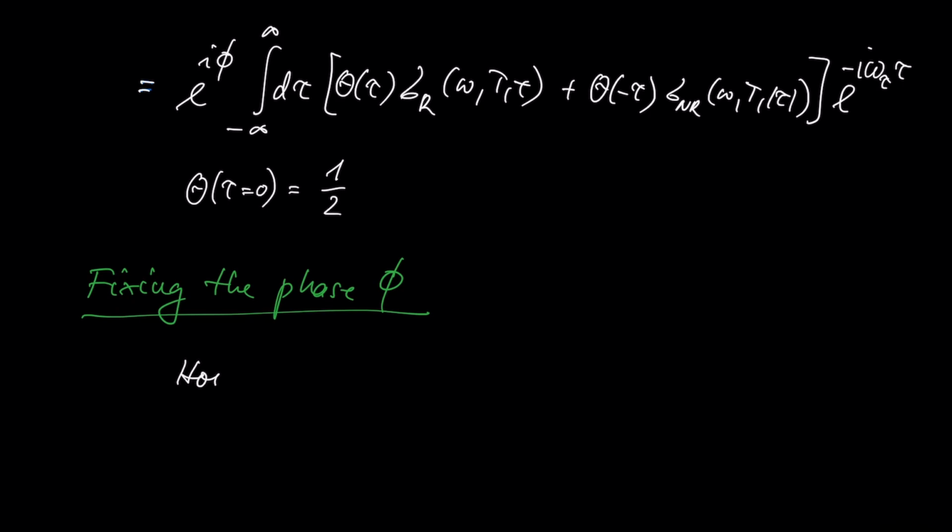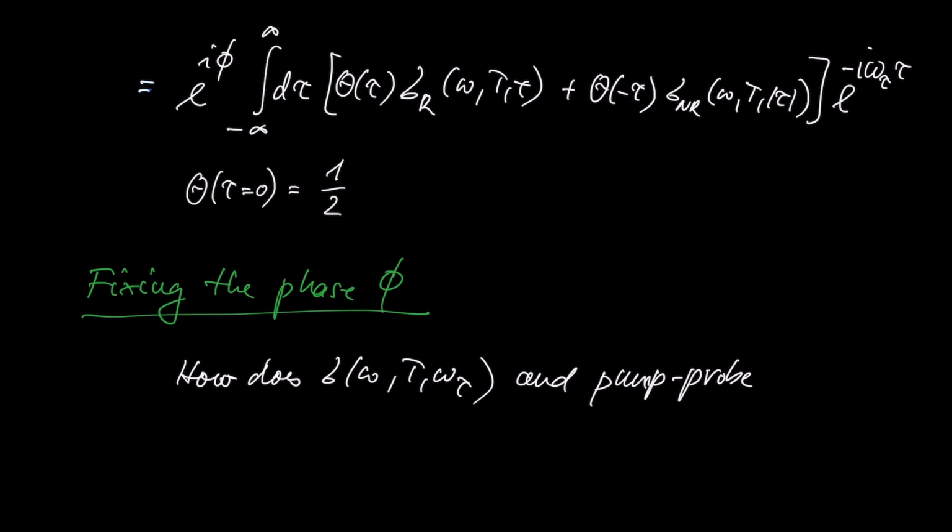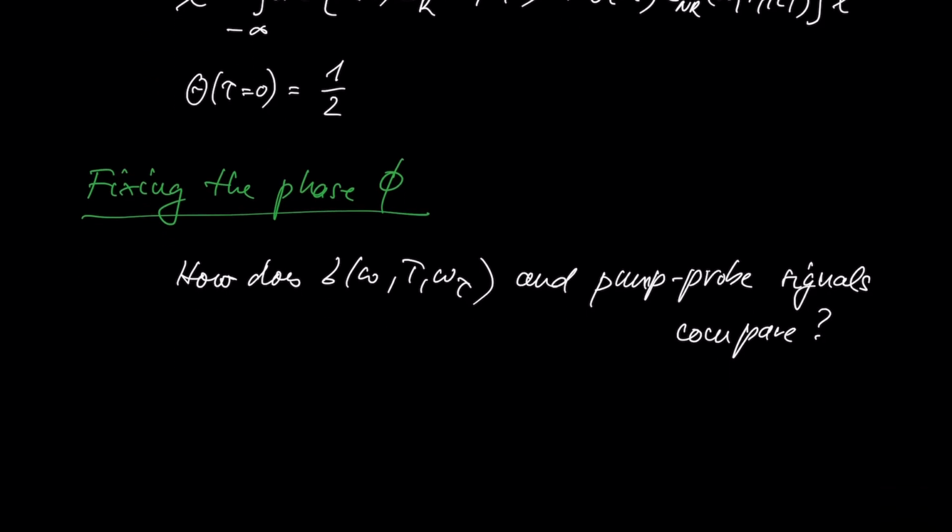So how does sigma(omega_t, omega_tau), that's what we have now constructed, and pump probe signals compare? We are looking for how to put these things next to each other, trying to find out basically if there is a way how we fix this unknown phase by looking at pump probe.